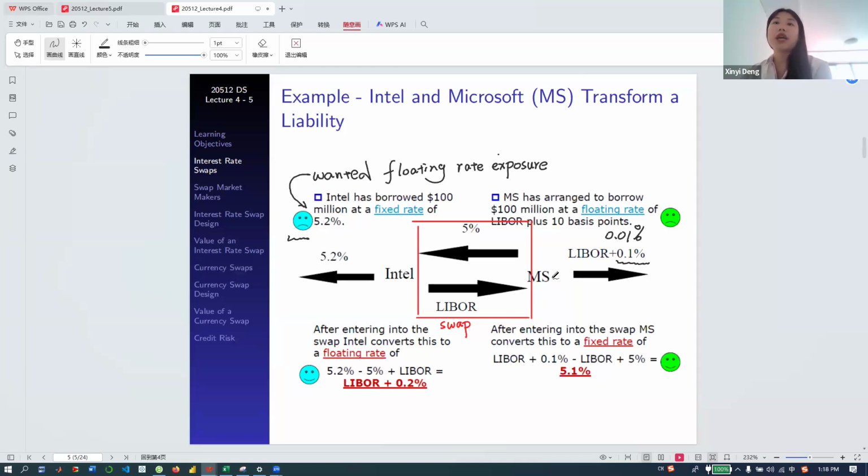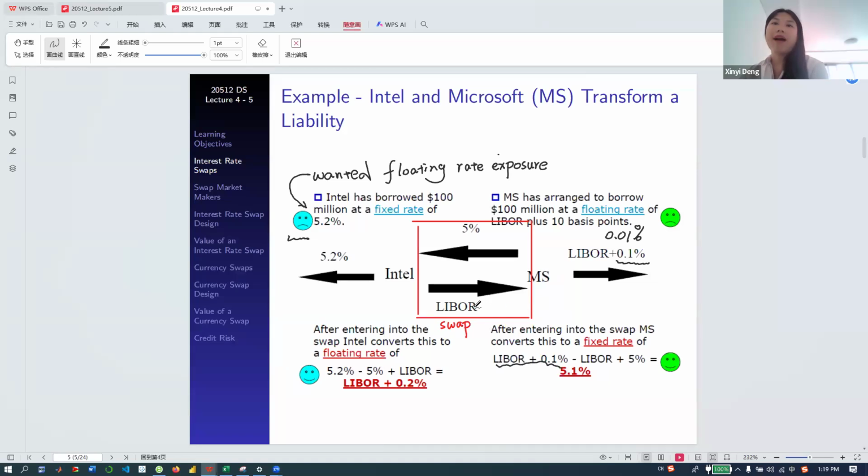Now let's also do the calculation for Microsoft. Again, we are calculating the borrowing costs, so anything they received from the swap will be calculated as a negative number. First they are paying out LIBOR plus 0.1% for their actual loan. So that's this term here.